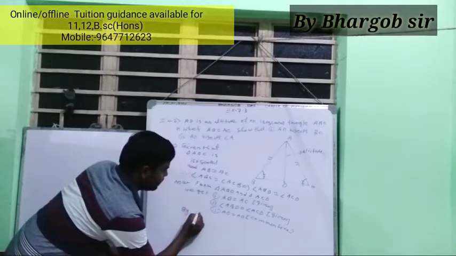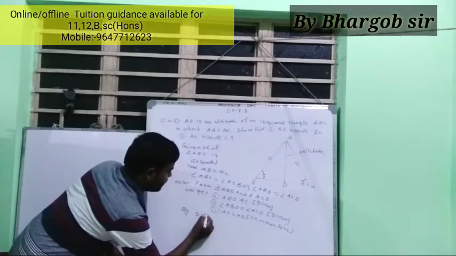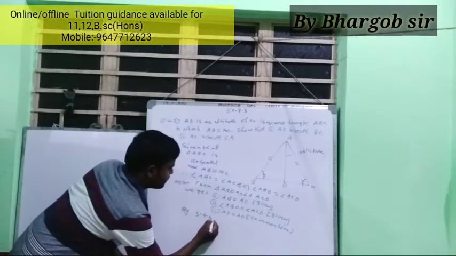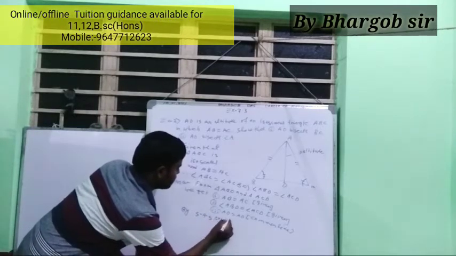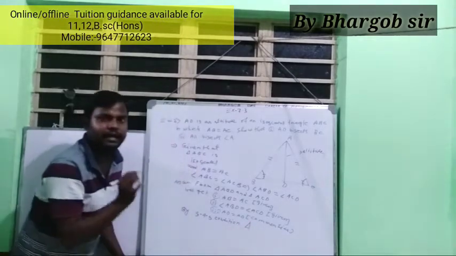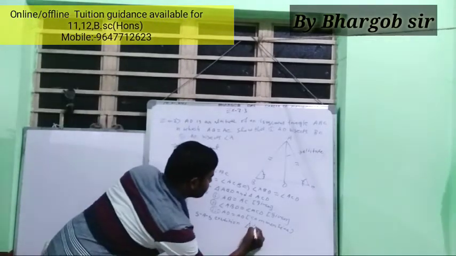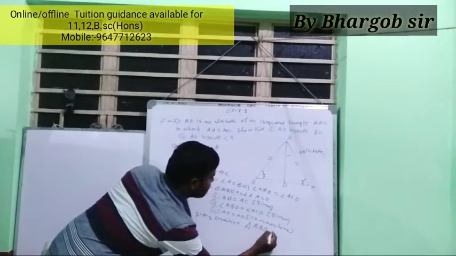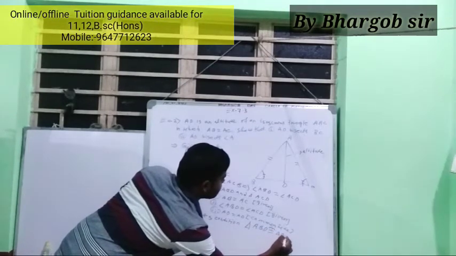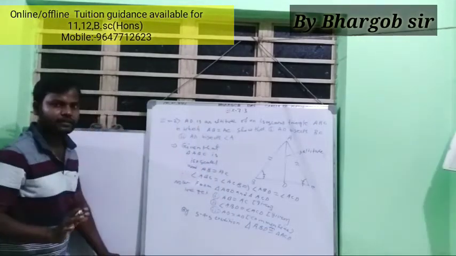So by the S condition, triangle ABD is congruent to triangle ACD.